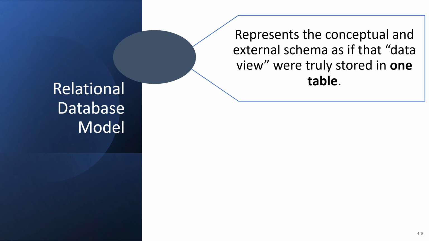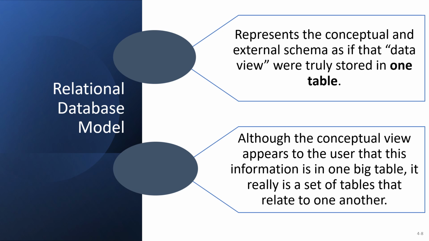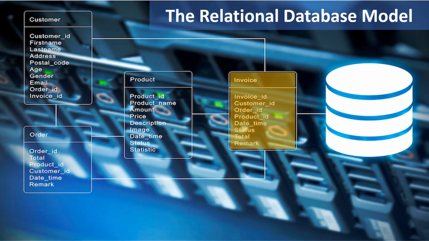Represent the conceptual and the external schema as if that data view were truly stored in one table, which is the concept that we see as a user's view. We see that it's connected to one table, but in reality the conceptual view appears to the users that this information is in one big table, but in reality it is many tables related to each other.